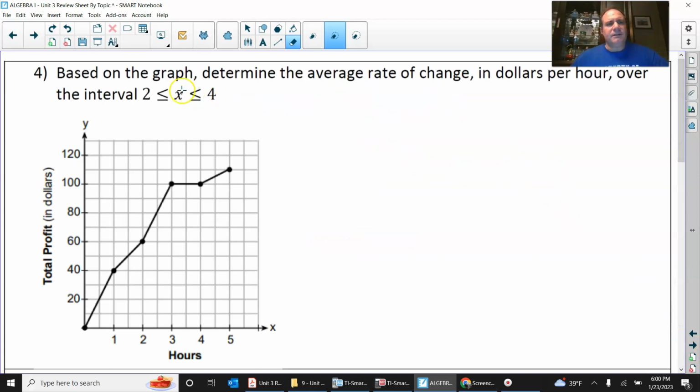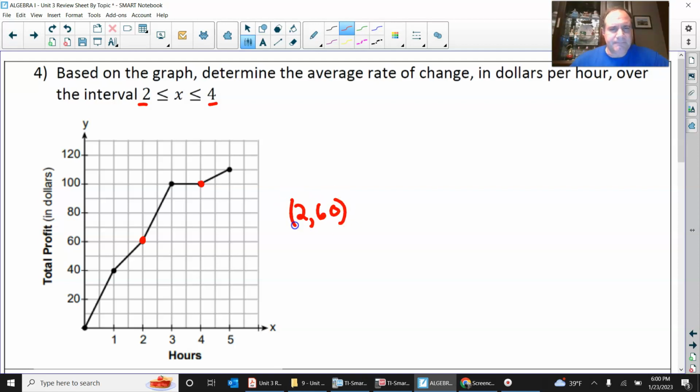All right, based on the graph, determine the average rate of change in dollars per hour over the interval of x is greater than or equal to 2 and x is less than or equal to 4. So we're going to put these points right here. Again, I'm going to put coordinates down, 2, 60.